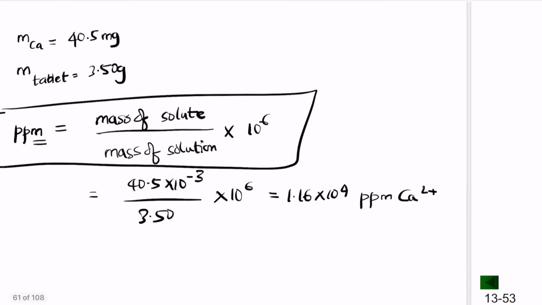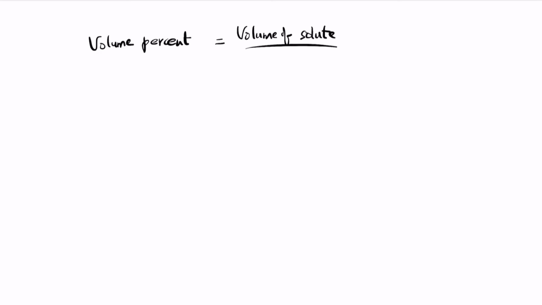First, let's try to find the actual definition. Volume percent is the volume of solute by the volume of solution. Remember, it's percent, so it's times 100. When it is per million, it's times 10 to the power 6, but when it is percent, it's times 100. Now here we want to find the volume of the solute, which is the alcohol.